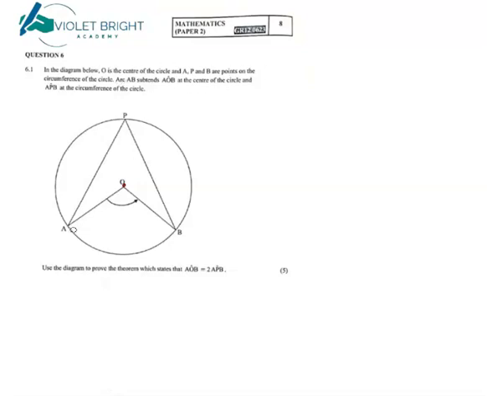Arc AB, so AB is an arc, which is this, subtends angle AOB. So O is the center of the circle, and A, B, P are on the circumference. So prove the theorem which states that angle AOB, this angle, is twice this angle.